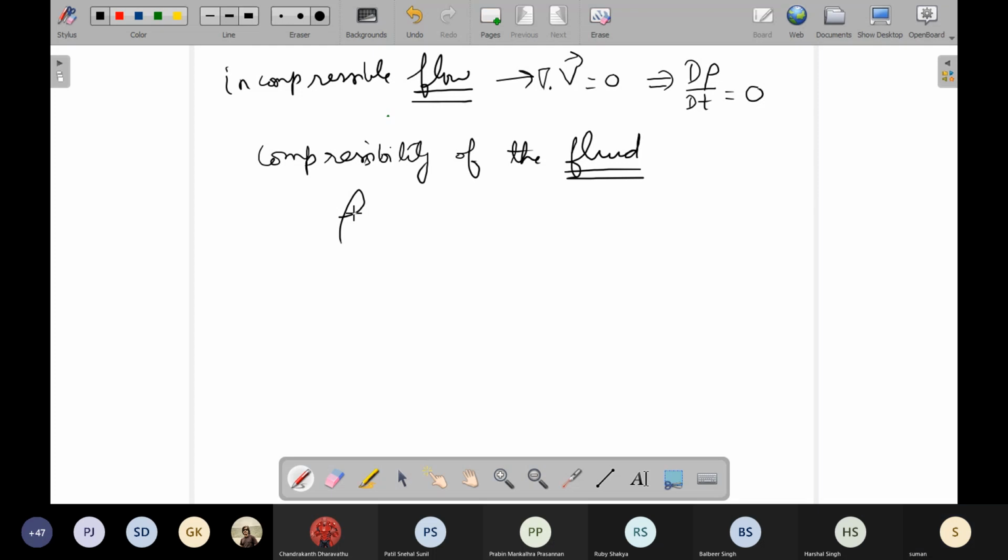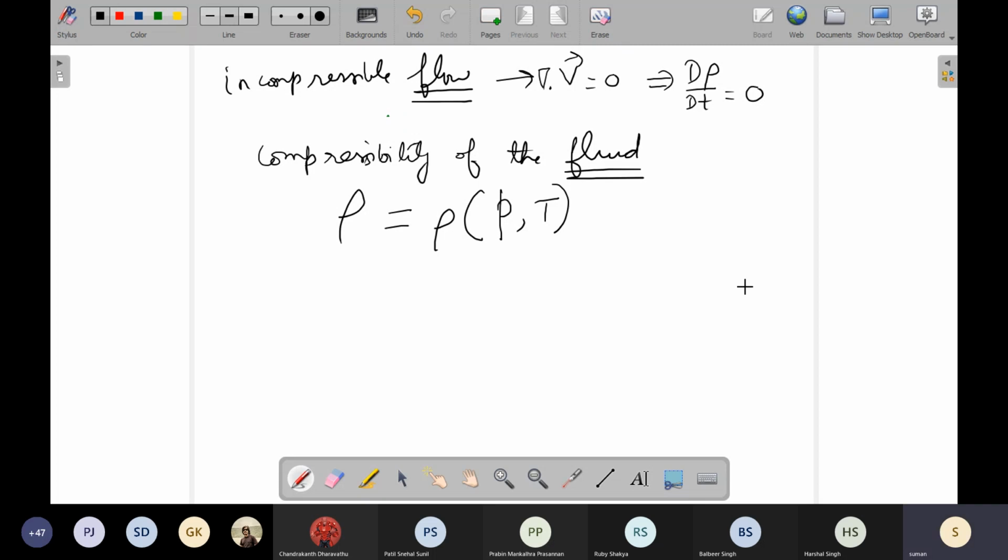Now, given the thermodynamic state postulate, you can write the density as a function of pressure and temperature, these two variables. Imagine the fluid as a thermodynamic system. Why the fluid as a thermodynamic system is important is because we are here focusing on the properties of the fluid, not the properties of the flow, when we are talking about the compressibility or incompressibility of the fluid.